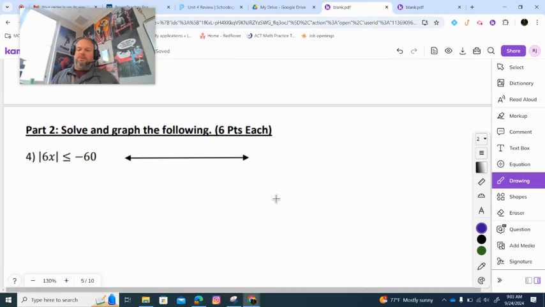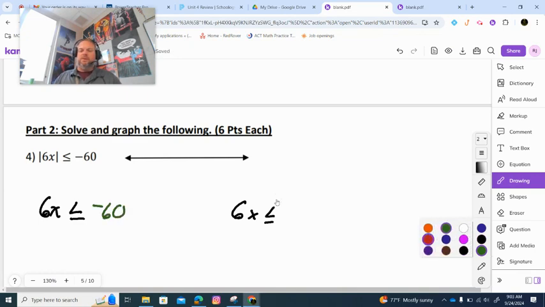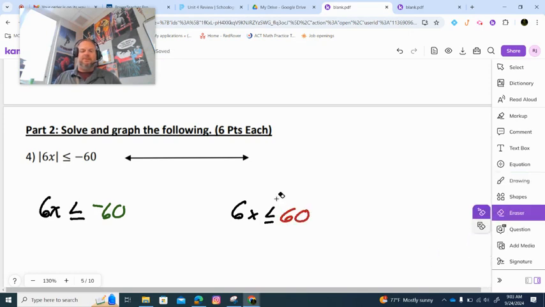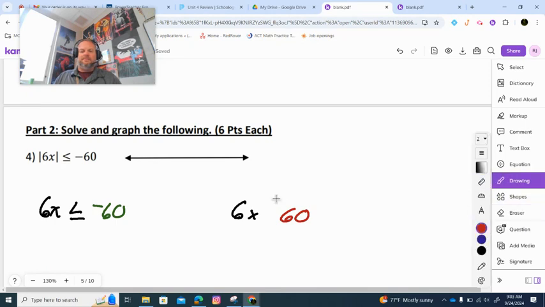So, number 2, or part 2, number 4. Original, original, or guts. There we go. Original, evil twin. Ah, I forgot. I didn't flip the sign on for this one. So, then we solve.